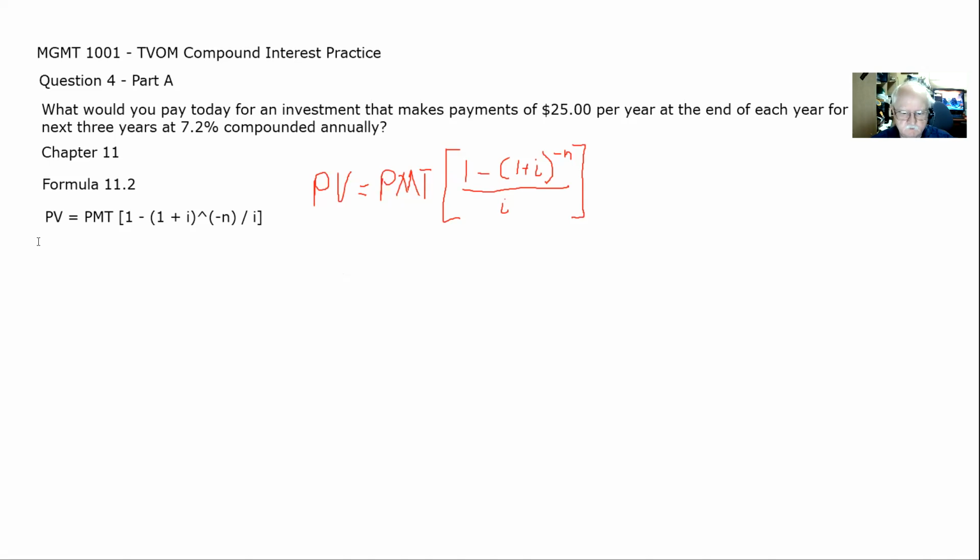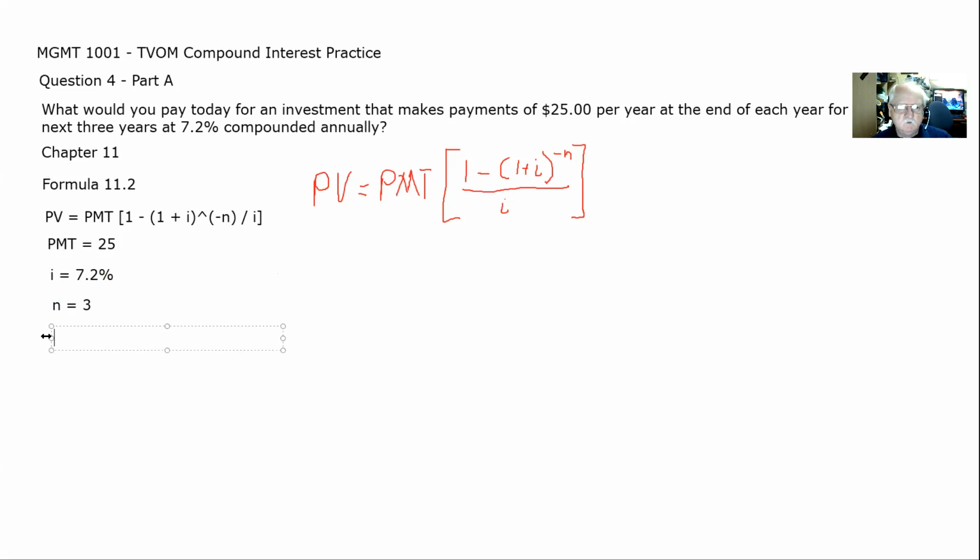To start with, we know the payment equals 25 bucks. And we know I is 7.2%, and n equals 3.